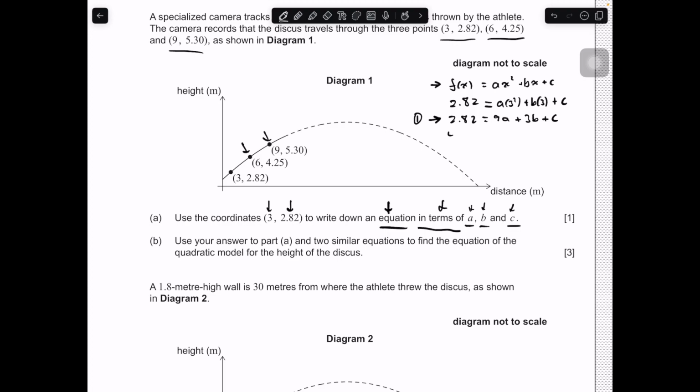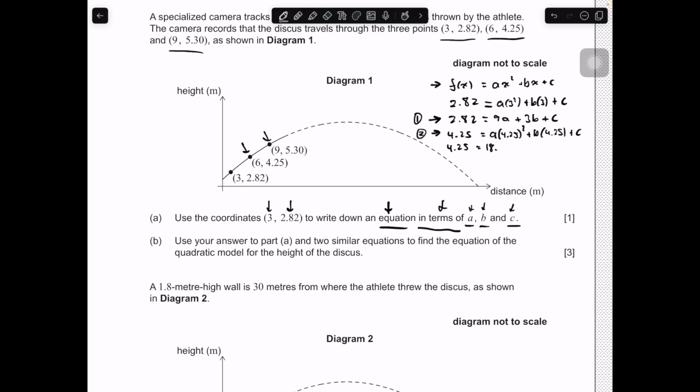We know the horizontal distance is 4.25, so we have A times 4.25 squared plus B times 4.25 plus C. 4.25 squared is 18.0625.